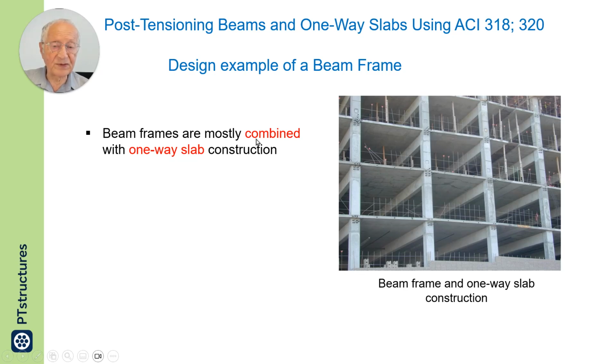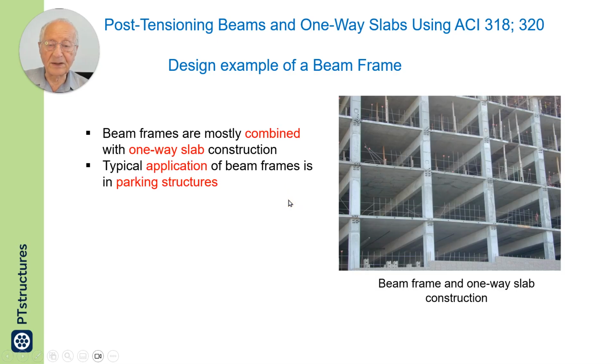Beam frames are mostly one-way slab and beam construction. This is one-way slab in the image on the right between the beams, and here between the columns through the picture we have beams with associated slab. The beam is what is being handled in this example.